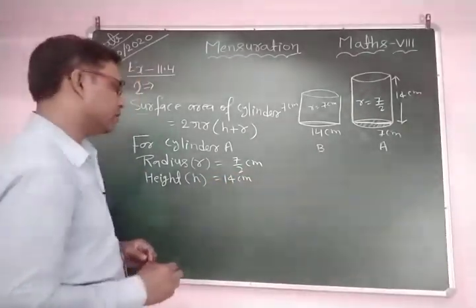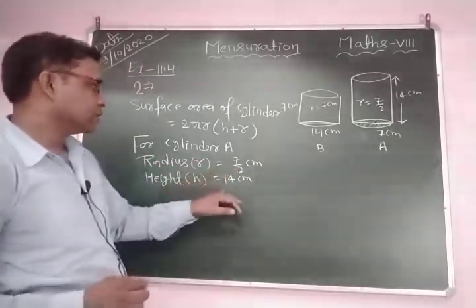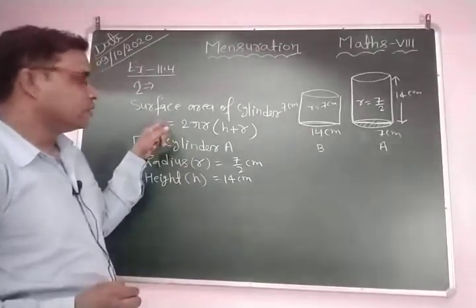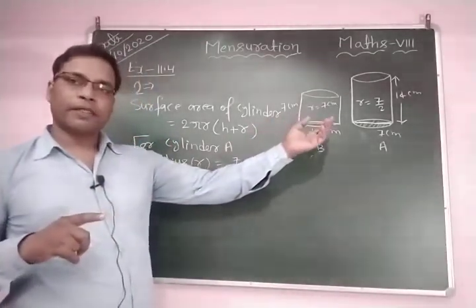Clear? Now the radius is given and the height is given. So now we are going to find the surface area of cylindrical tank A.